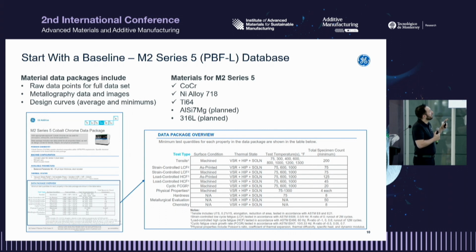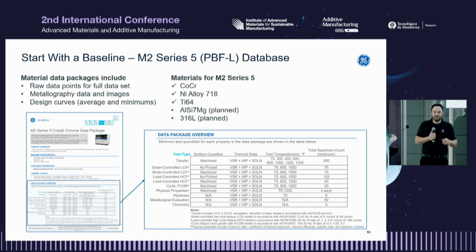So what I've shown up here is a data set we actually generated with the US Department of Defense. And you can see on the rightmost column of that table how many specimens are in this data set. It is very rare to see 20 fatigue crack growth specimens available for analysis as you're looking for pedigreed data.